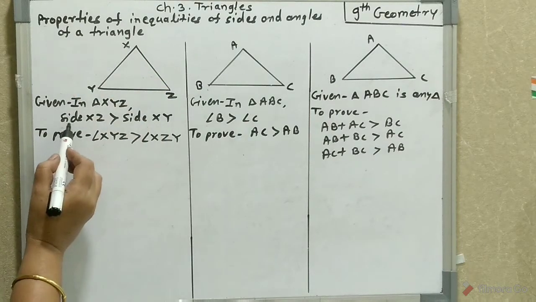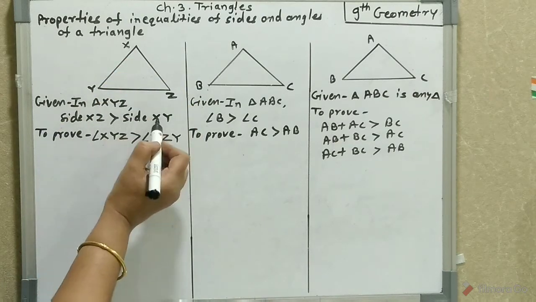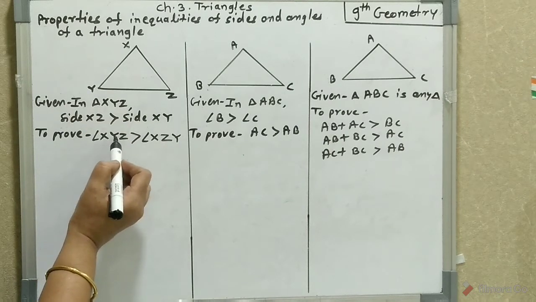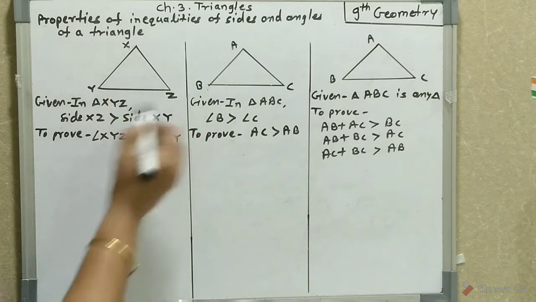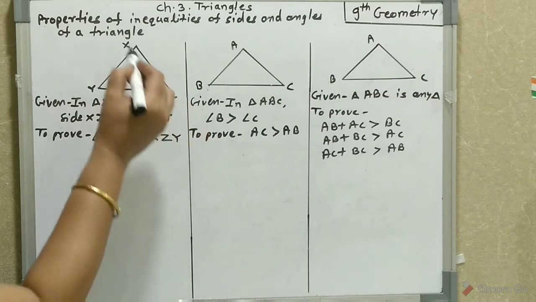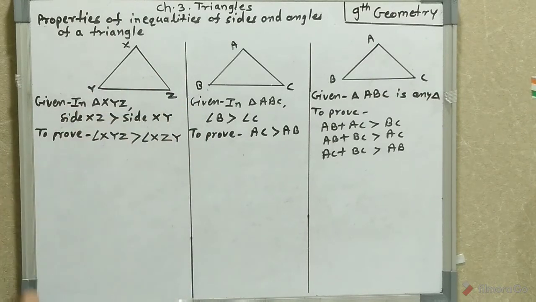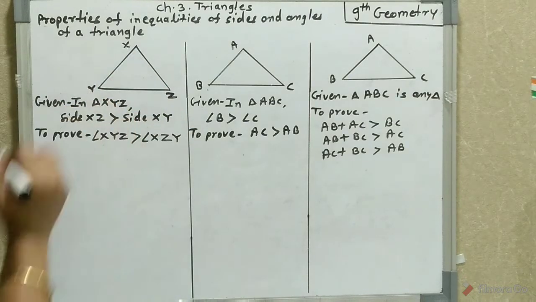In this triangle, side XZ is greater than side XY, and to prove: angle XYZ is greater than angle XZY. So the opposite angle of side XZ is angle XYZ, and the opposite angle of side XY is angle XZY.